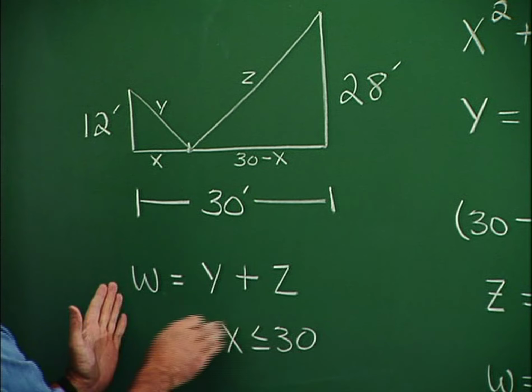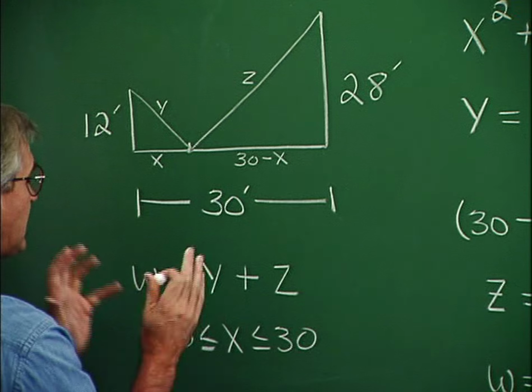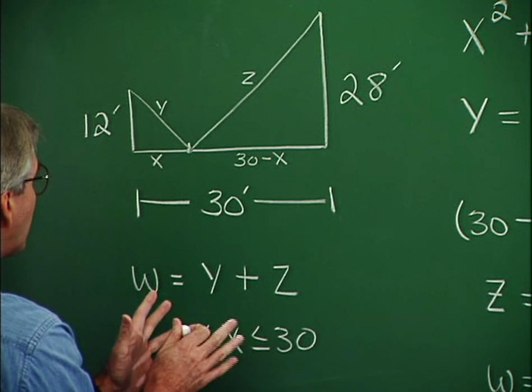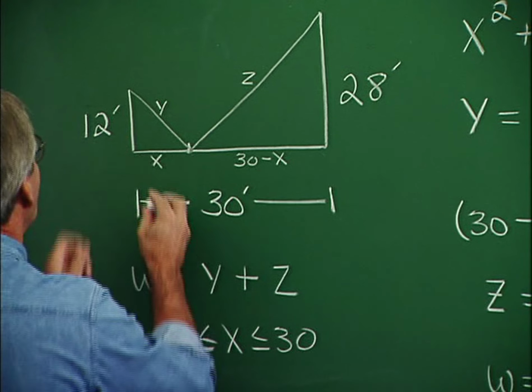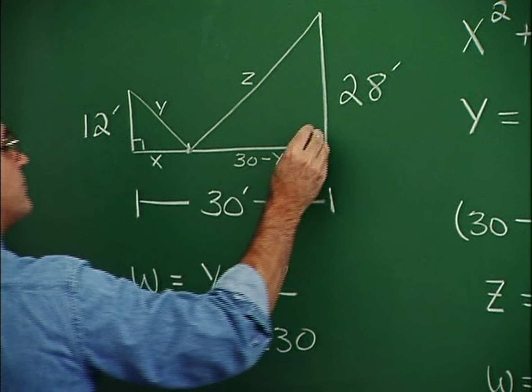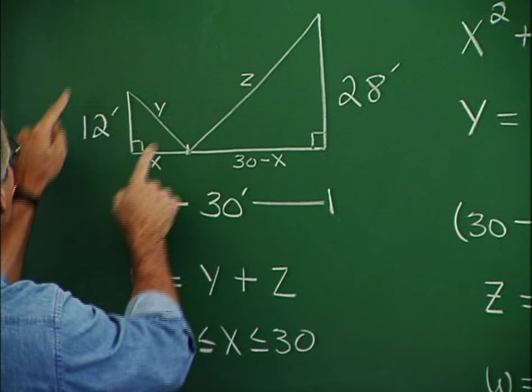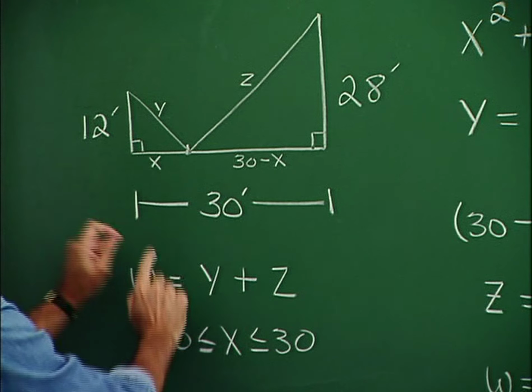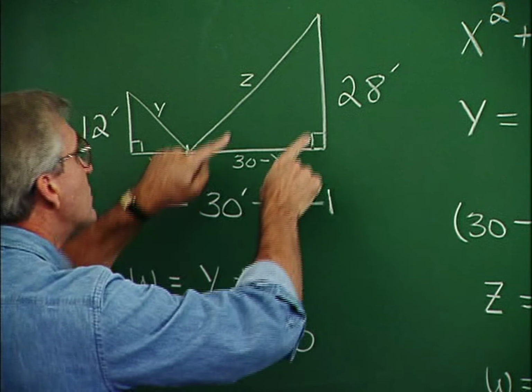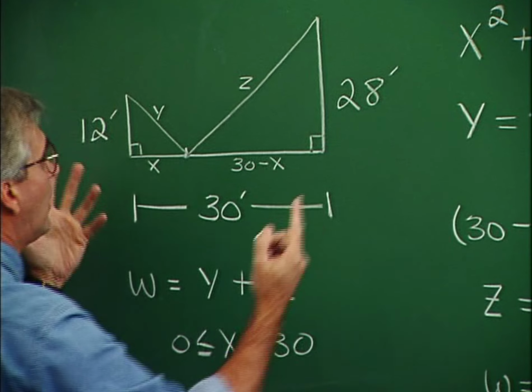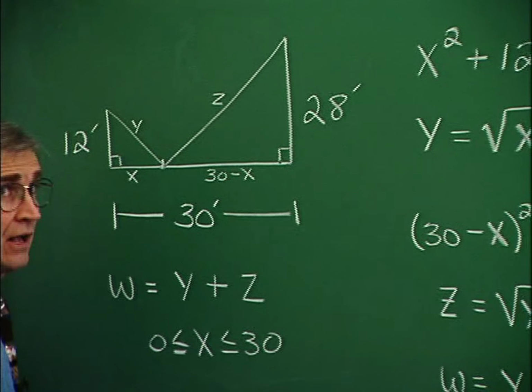You see, with our primary function now, we'd like to write this in terms of x, if we can possibly do that. Well, we can certainly do that. We have a couple of right triangles here, and we know that y squared is 12 squared plus x squared. Z squared is this side squared plus that side squared, and it is all a matter of algebra.